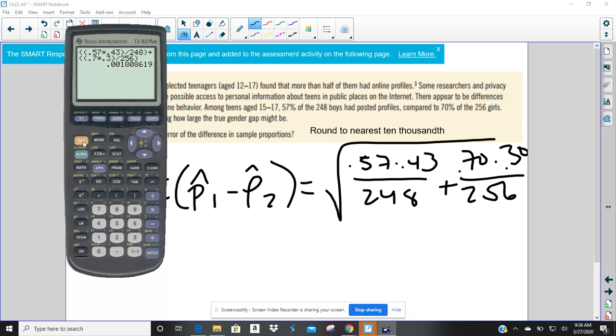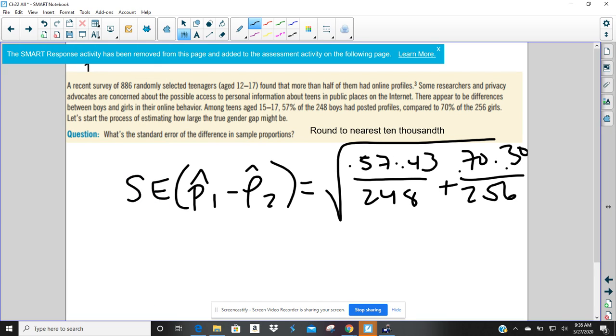Now I'm going to do the square root of the previous number, which is answer. And we get 0.0425. So the standard error is 0.0425. All right? Fine. No problem.